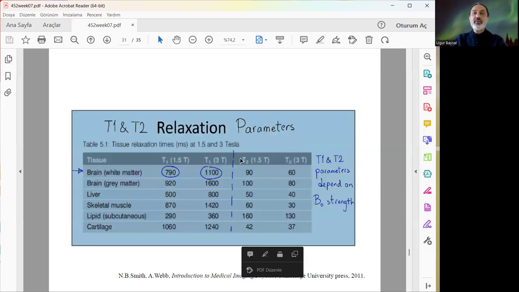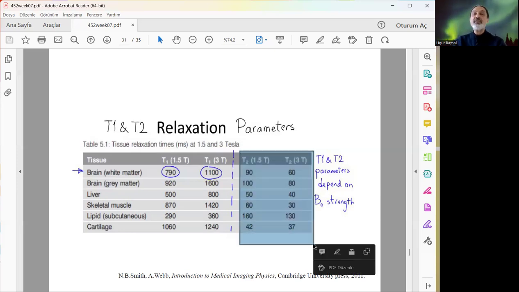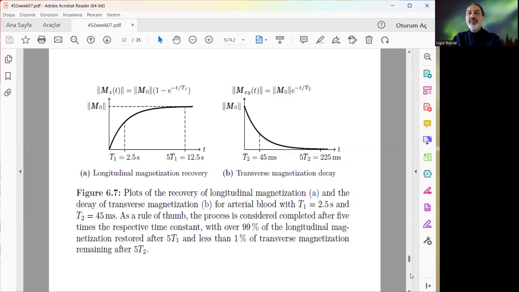And the rule is almost the same. The T2 relaxation time constant is much smaller than T1 again. So it's good to define the acquisition mode, one or two time constants for T2 relaxation, etc.